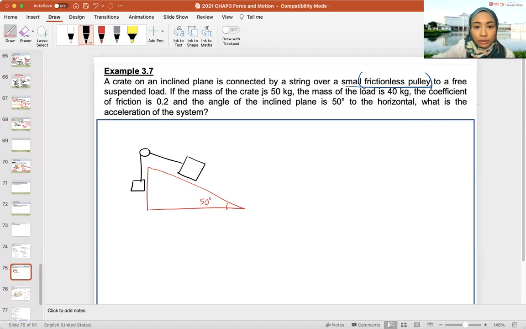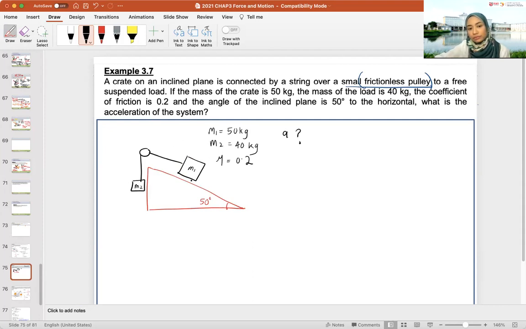If the mass of the crate, this guy, M1, is equal to 50 kilogram, and the mass of the load is 40, this is M2. M2 is 40 kilogram. The coefficient of friction is 0.2. Okay, and the angle of the inclined plane is 50 degrees to the horizontal. What is the acceleration of the system?